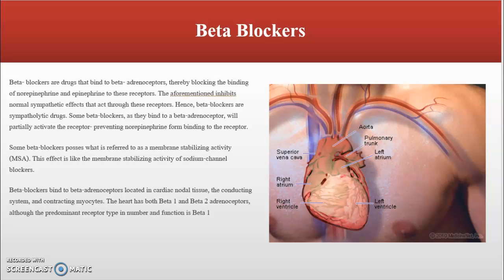Beta blockers bind to beta adrenoceptors, and these are located in the cardiac nodal tissue, which is the conducting system, and contracting myocytes. The heart has both beta 1 and beta 2 adrenoceptors, although the predominant receptor type in numbers and function is the beta 1 receptor.